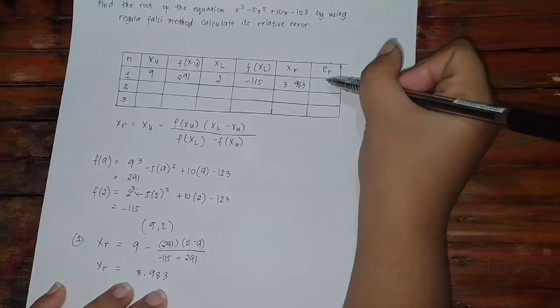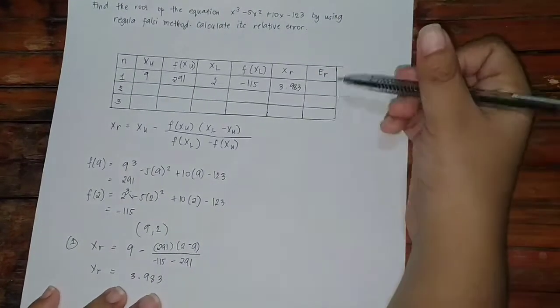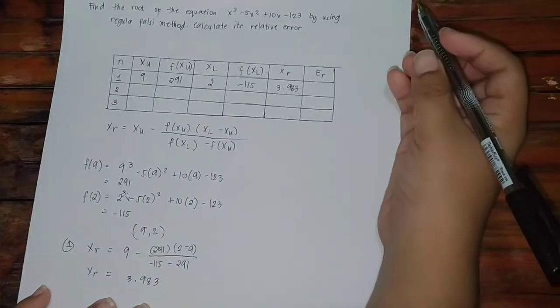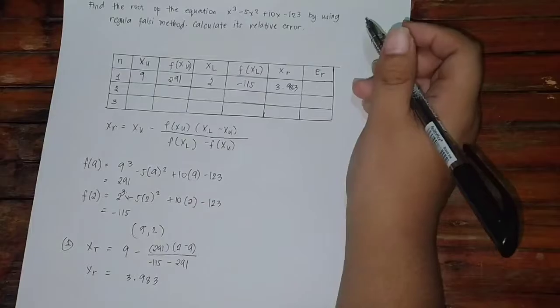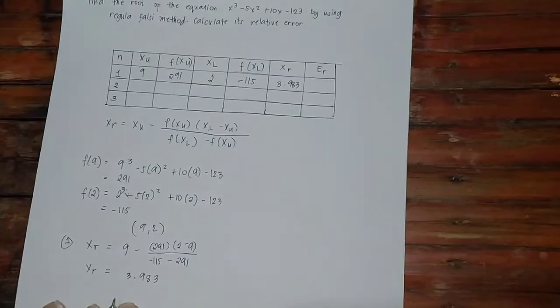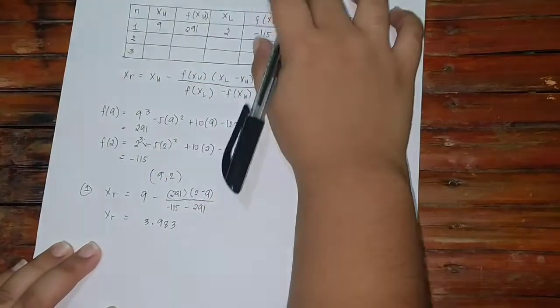Now, we can't calculate the relative error because we still don't have another x of r. So we will again substitute the x of r to the given equation.